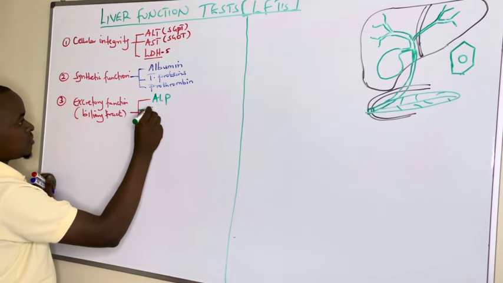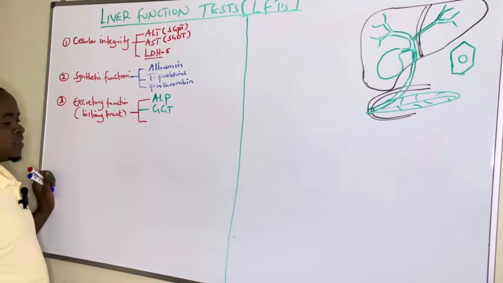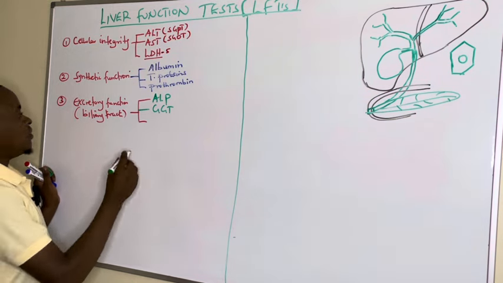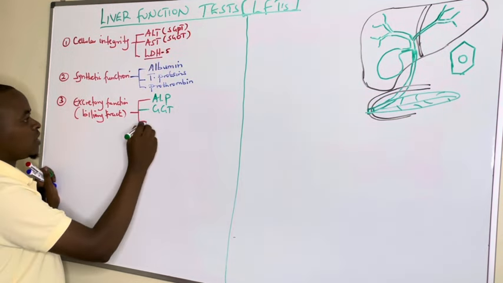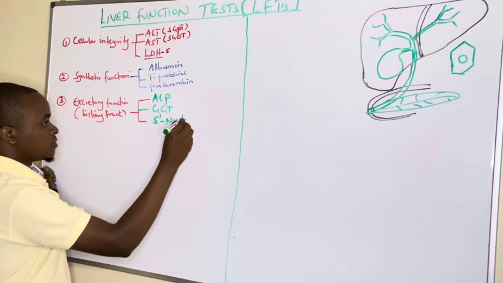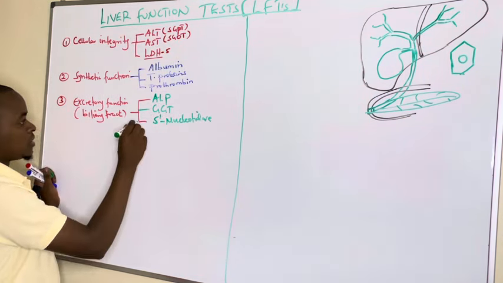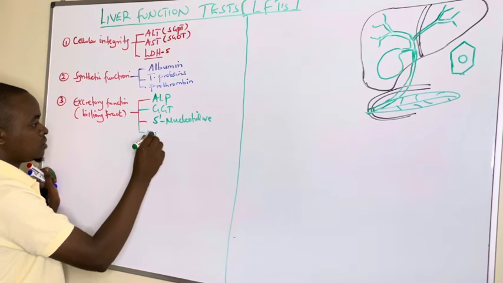We shall look at enzymes like gamma glutamyl transferase, GGT. Then we shall also look at an enzyme like 5' nucleotidase. Then lastly, we shall look at bilirubin.